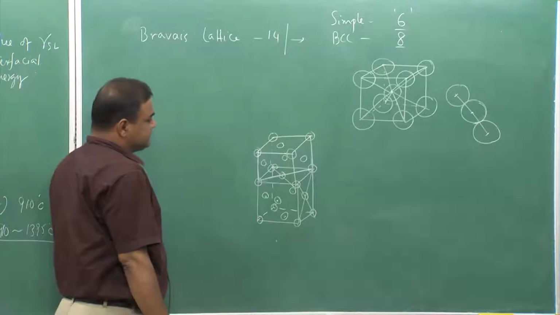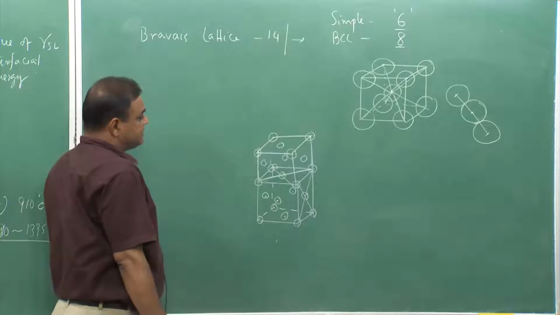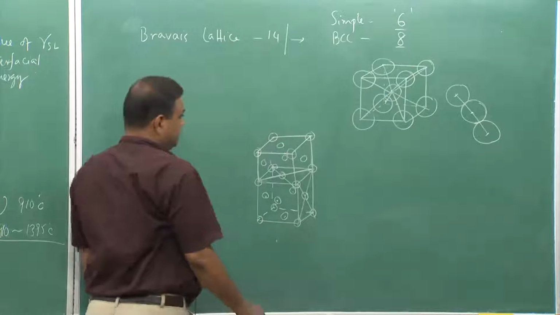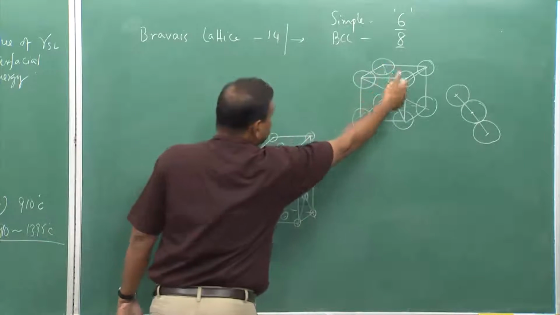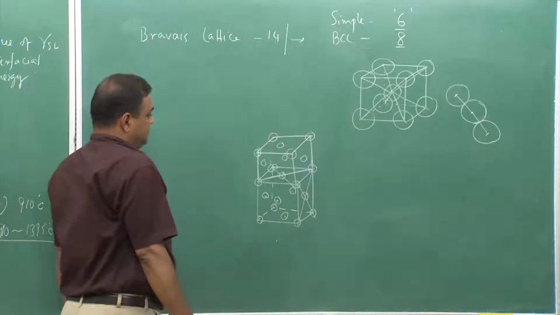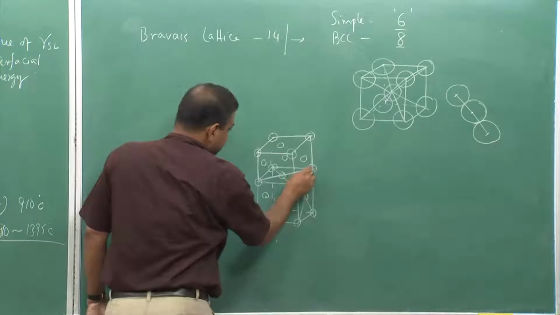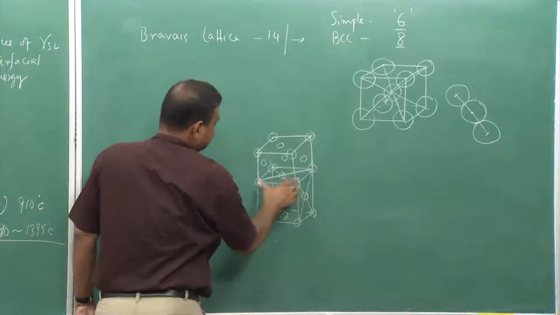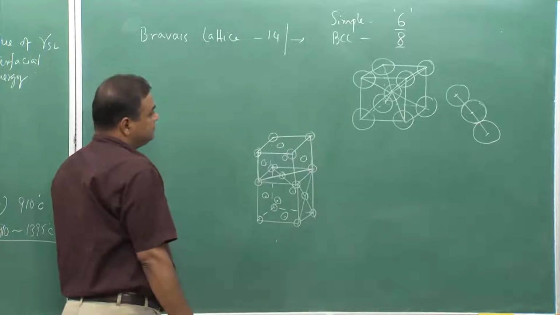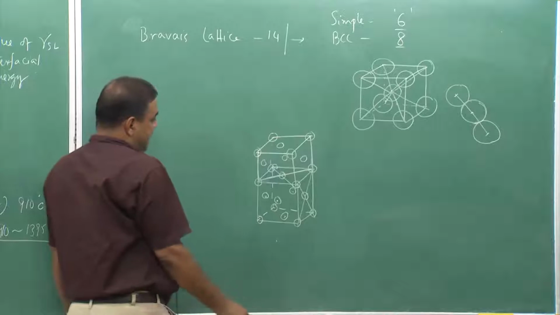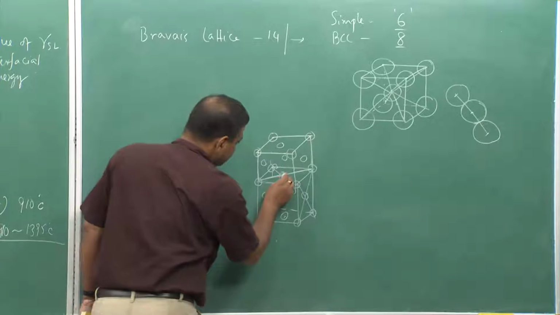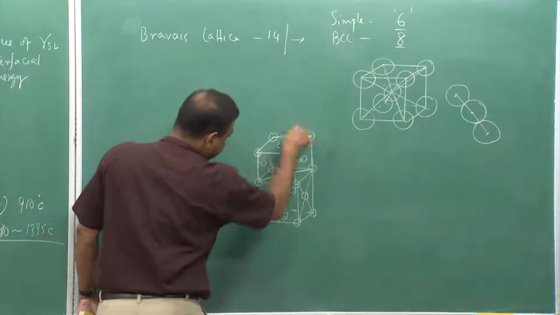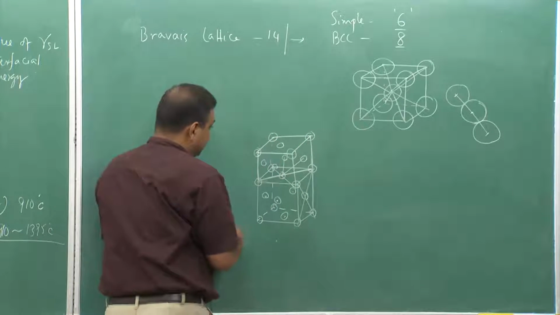And if we try to see the nearest neighbor and the same distance, here also it is the same distance, half of the face diagonal. The nearest neighbor atom position is half of the face diagonal, and these are also connected to the center of the back face, this particular plane.